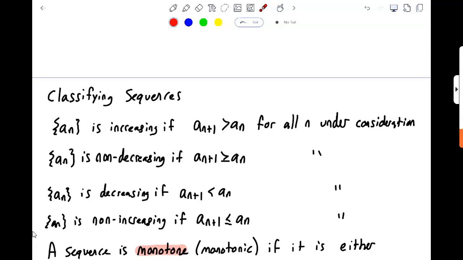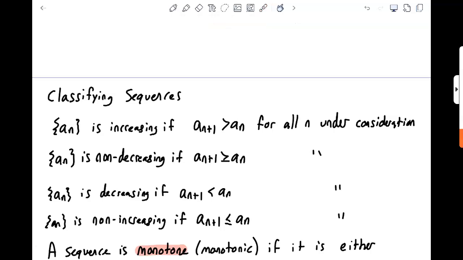So these four definitions make sense. When we add the inequality in, increasing becomes non-decreasing, and decreasing becomes non-increasing.